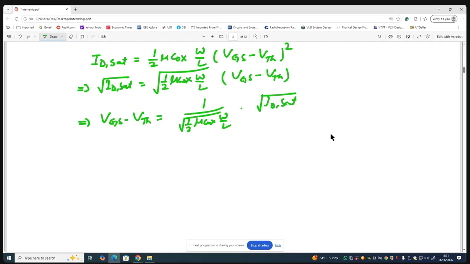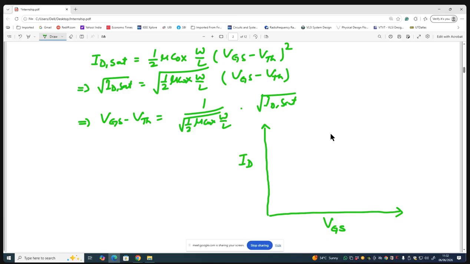So when we have written the current equation like this, it gives an idea how we can actually extract the threshold voltage of a transistor using ID-VGS characteristics. So you have ID.